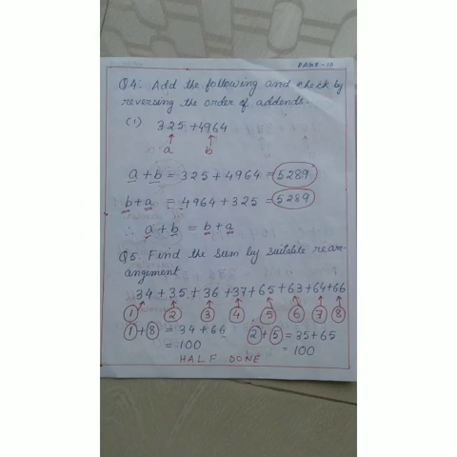I am asked to find the sum by suitable rearrangement: 34 plus 35 plus 36 plus 37 plus 65 plus 63 plus 64 plus 66. 34 I have given name 1, 35 is 2, 36 is 3, 37 is 4, 65 is 5, 63 is 6, 64 is 7 and 66 is 8.